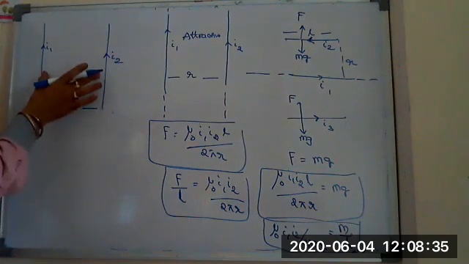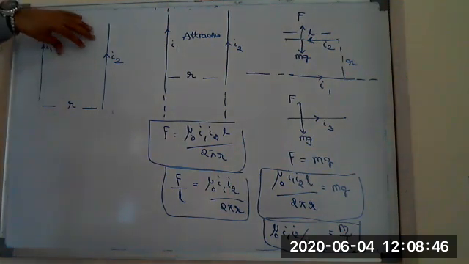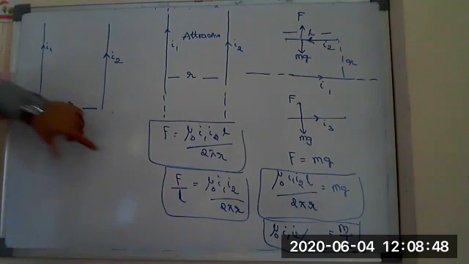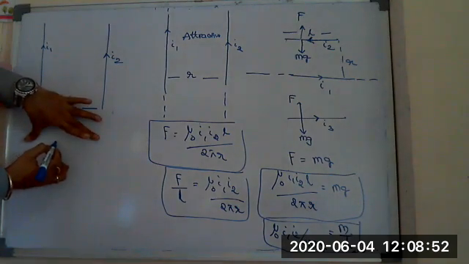Suppose they ask where the null point is formed, whether in between or outside, and if in between, at what distance. This type of model we generally do in charges and fields, when two charges are separated and the null point, meaning the neutral point, is formed in between.